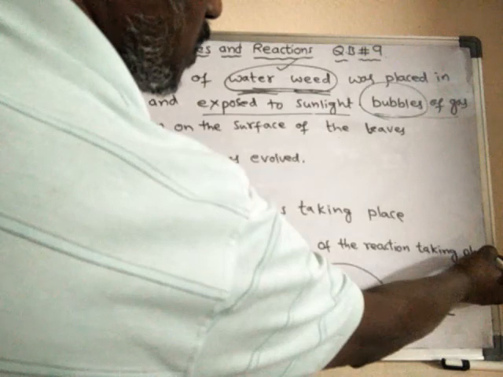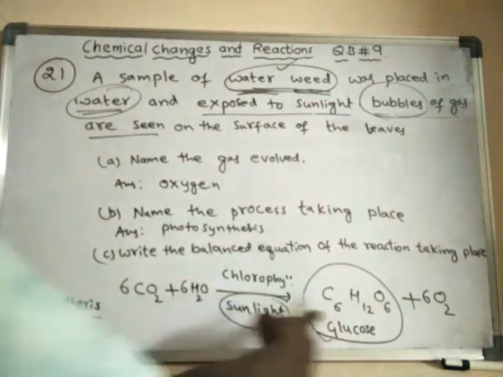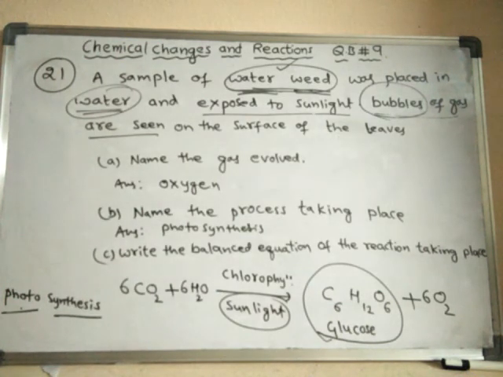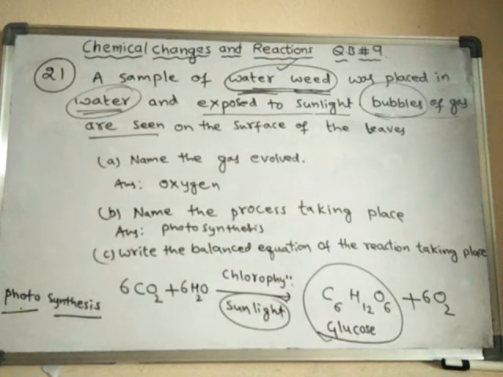Which reaction is taking place? This reaction is taking place. So now this is the balanced equation. Like this, the 21st answer can be explained. With this, the lesson is finished.